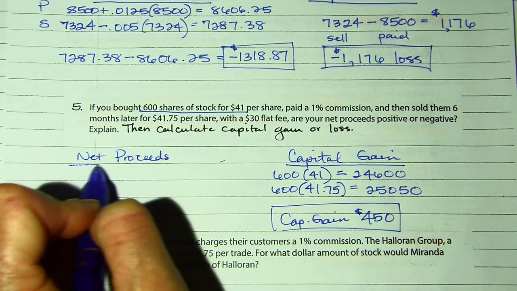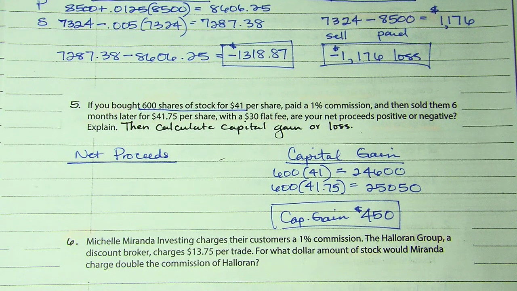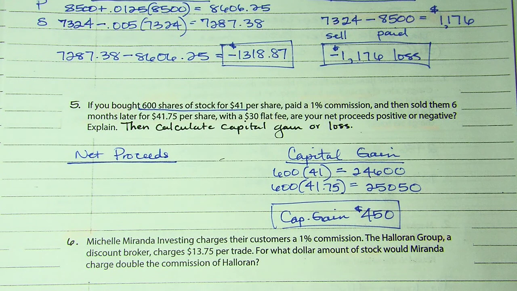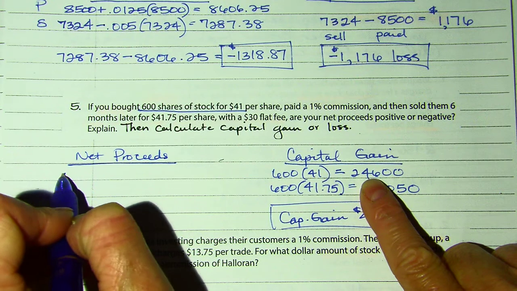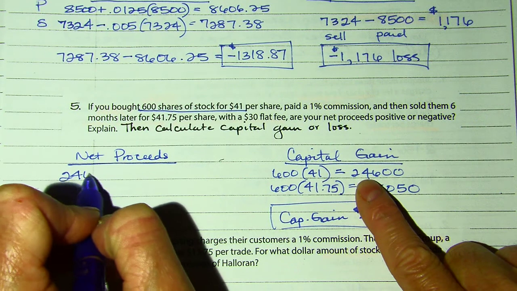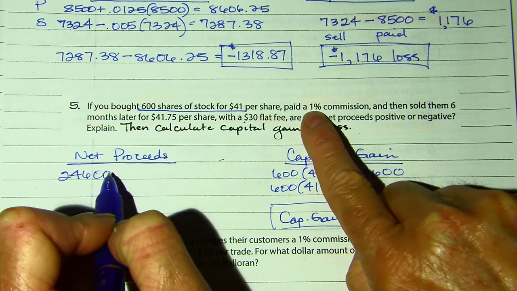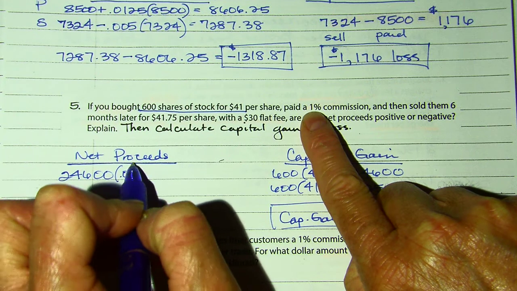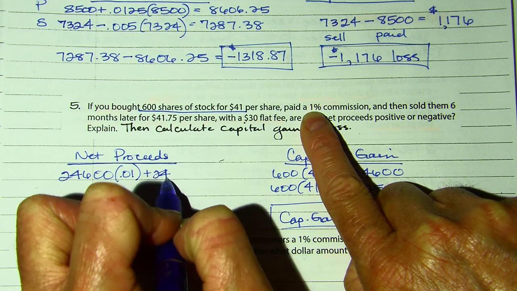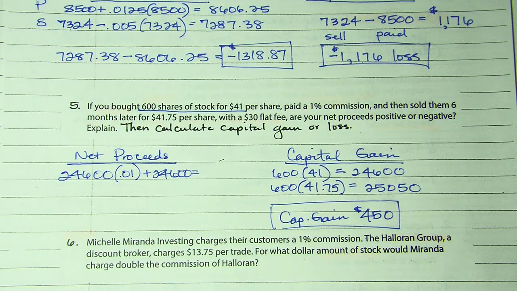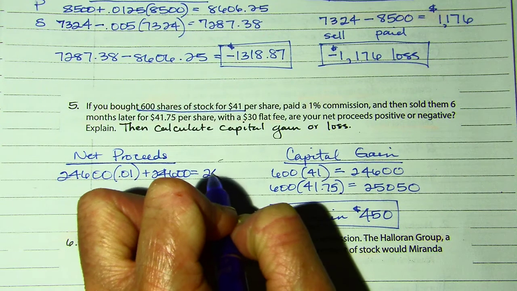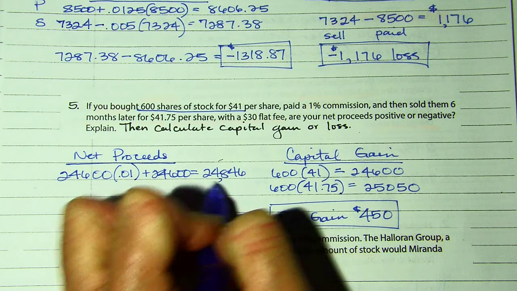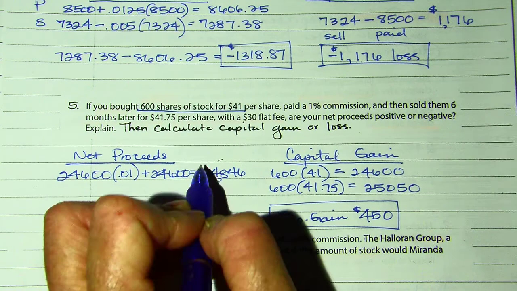What she actually walks away with, or net proceeds, has to take into consideration the broker fee. So it says here that when she purchased it, which we calculated already was for $24,600, she paid a commission fee of 1%. So we're going to calculate what she paid in total. So $24,600 times 0.01 plus the purchase price, she actually paid $24,846 because that is the cost of the stock plus her broker fee.